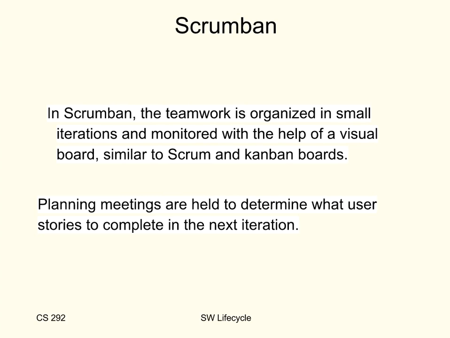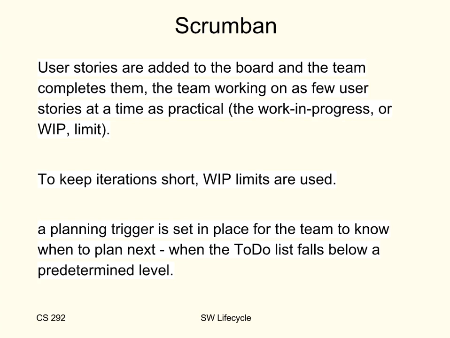Okay, so there's a variation on Scrum using Kanban, which is oddly enough called Scrumban. Teamwork is organized in small iterations and monitored with the help of a visual board. Planning meetings are held to determine what user stories to complete in the next iteration. User stories get added to the Kanban board.